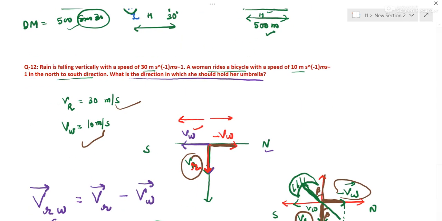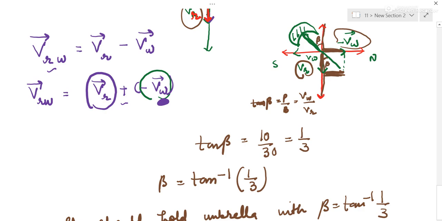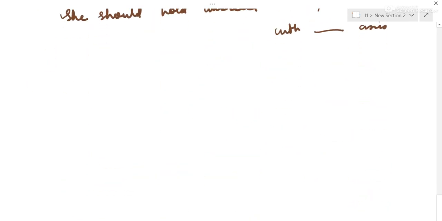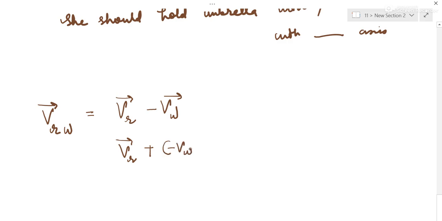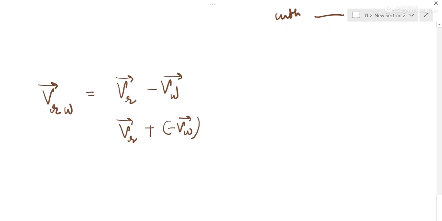Suppose it is asked what is the relative velocity of rain with respect to the woman, since right now I have told you the direction. We have already written it as velocity of rain minus velocity of woman. And the next step: velocity of rain plus the negative of velocity of woman.